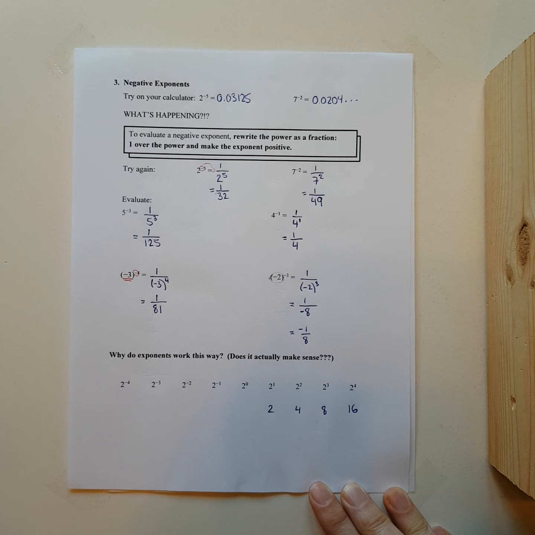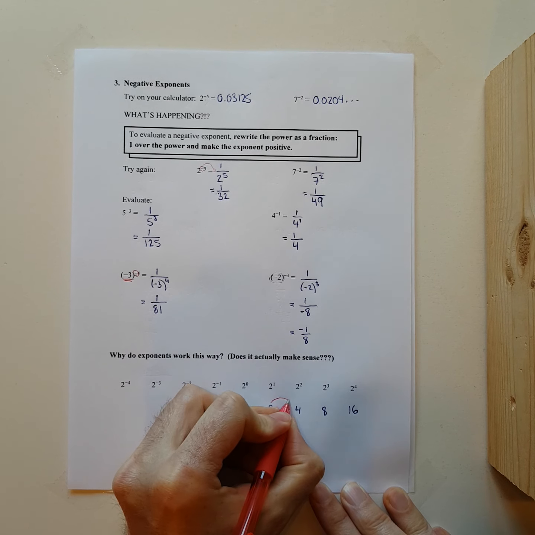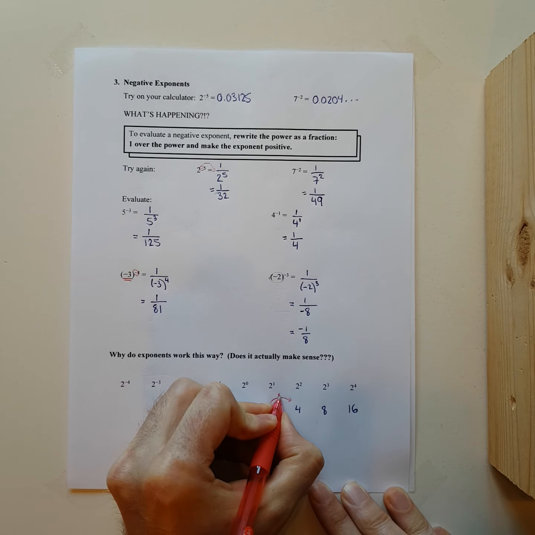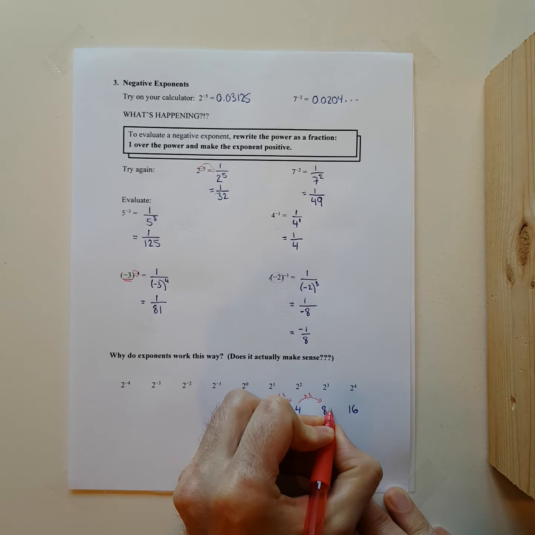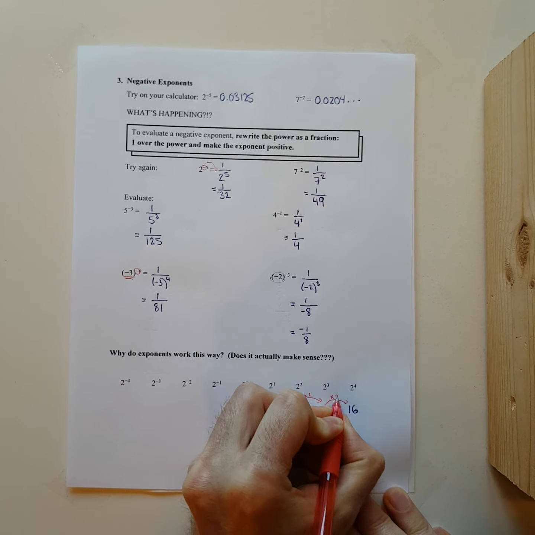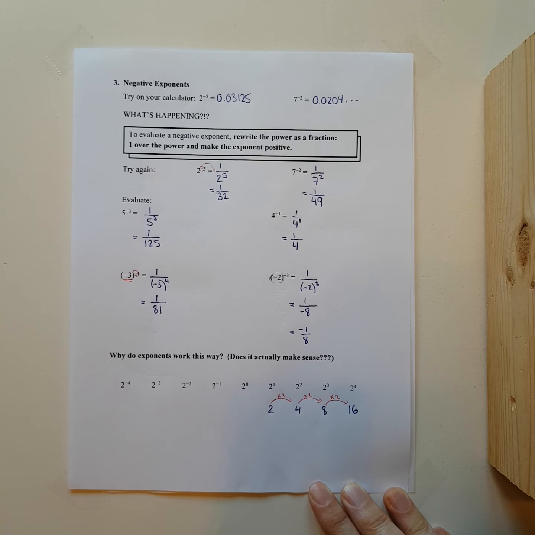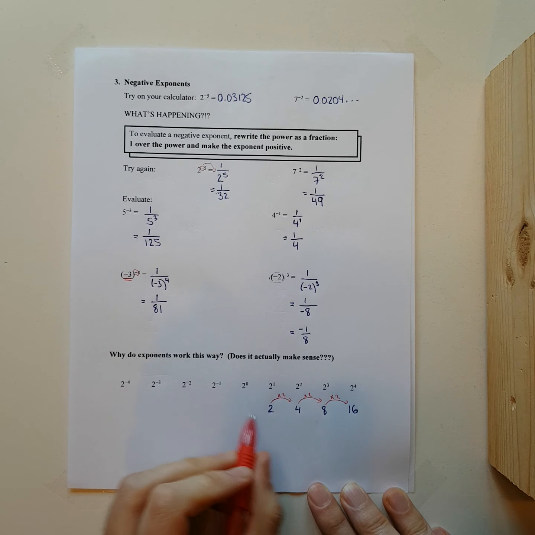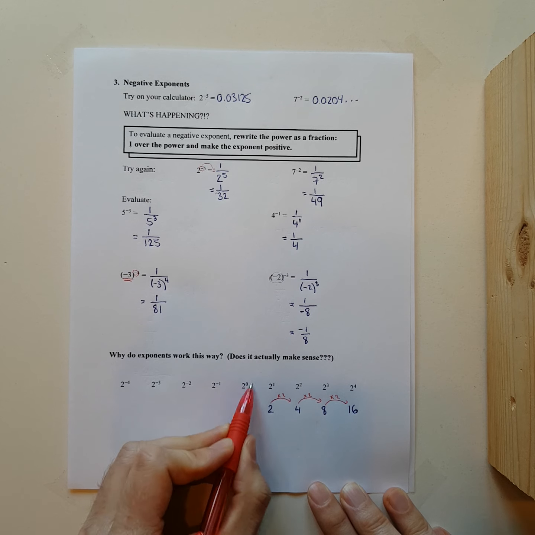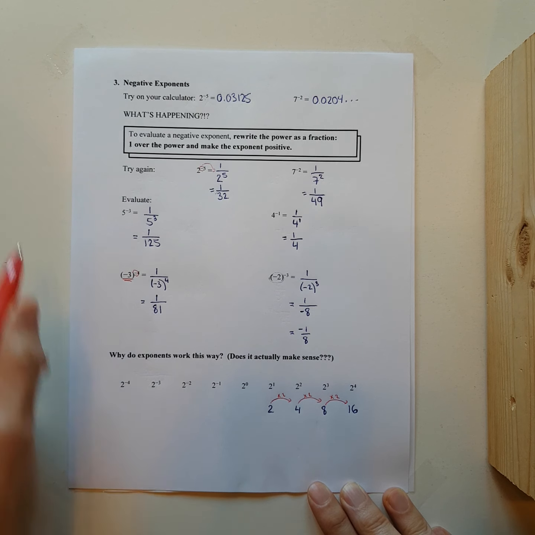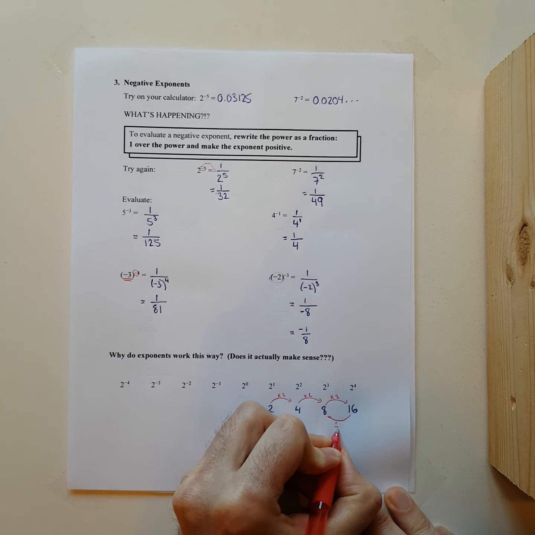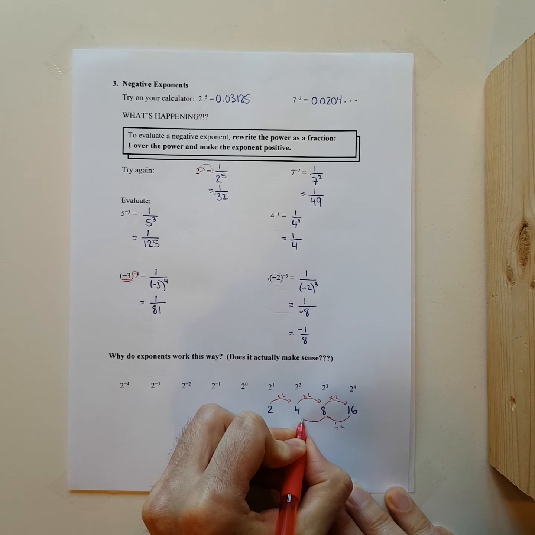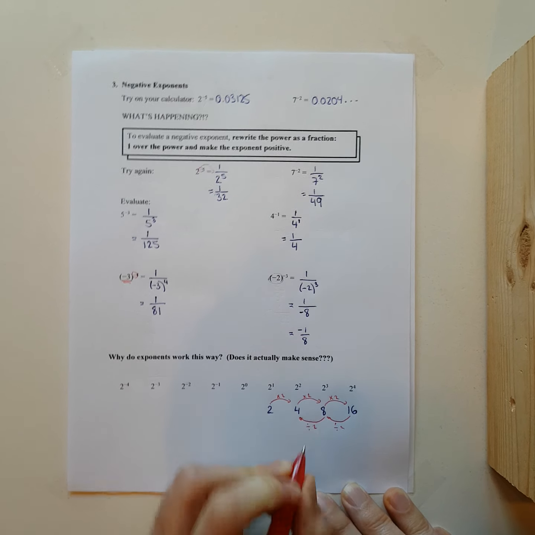And if we see what's happening here, really what happens is every time we're just multiplying this number by 2. Take this and multiply it by another 2. Take this and multiply it by another 2. If I now work backwards through this pattern to try and figure out what happens with 0 and negative exponents, so we can try and verify that this idea makes sense, I would then divide by 2.